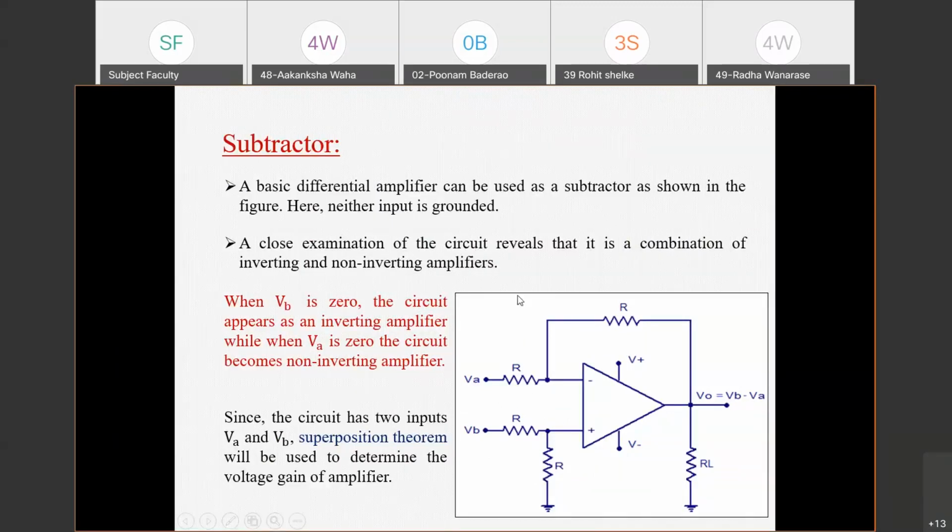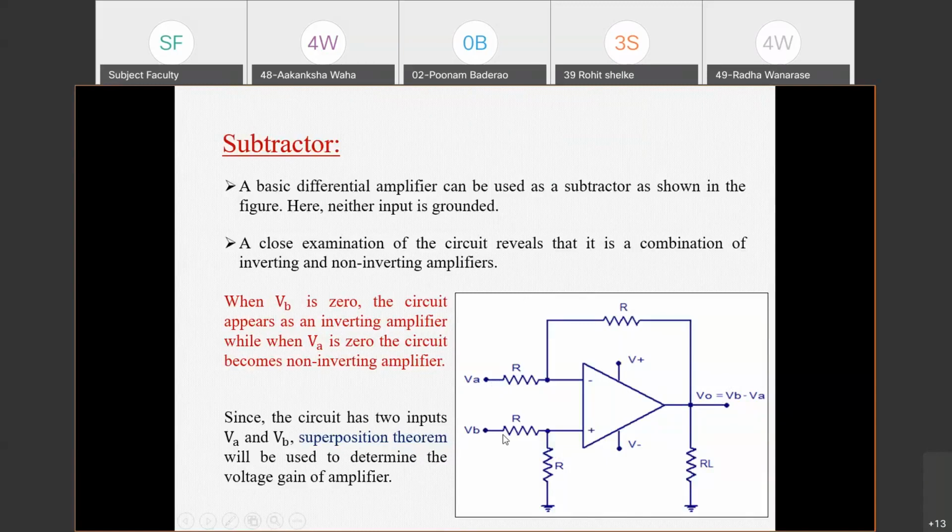In this situation, our approach will be to follow the superposition theorem. The superposition theorem tells you that if your circuit has more than one voltage source or more than one input, then you need to find the output response for each individual input first.